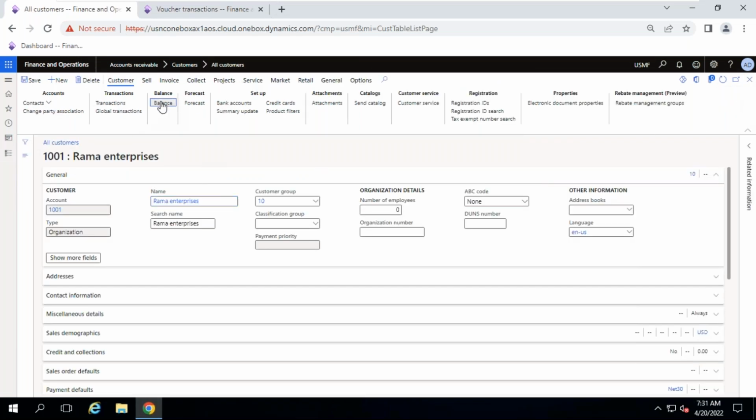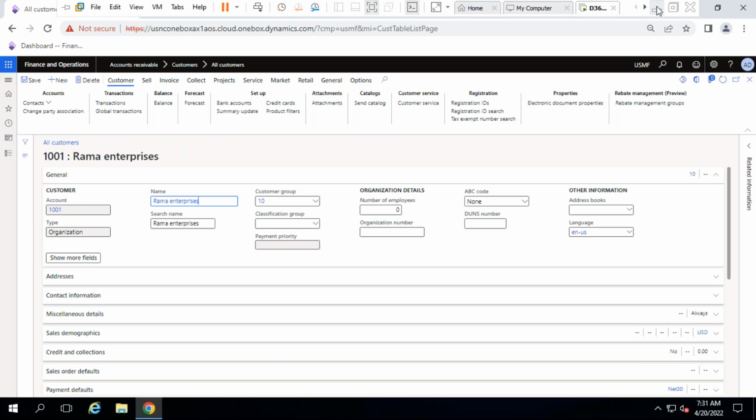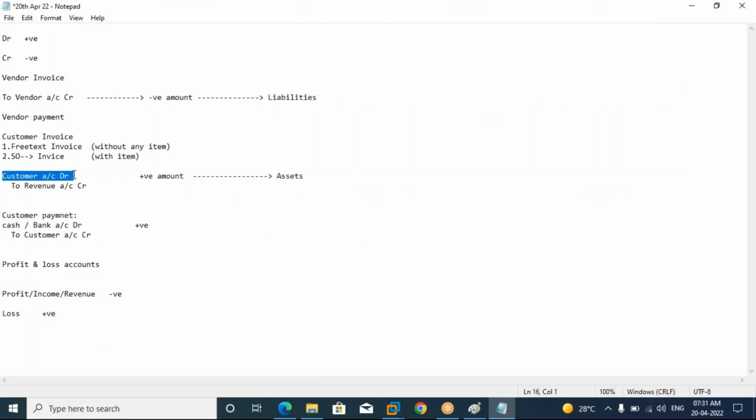That's what it is showing here. At the time of the customer invoice it is debited because I need to receive money from the customer, that is a positive amount. And for customer payment, my cash balance will be increased, so cash or bank will be debited and the customer account will be credited.